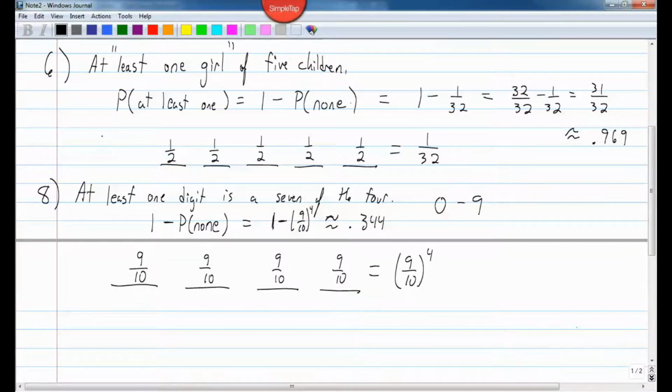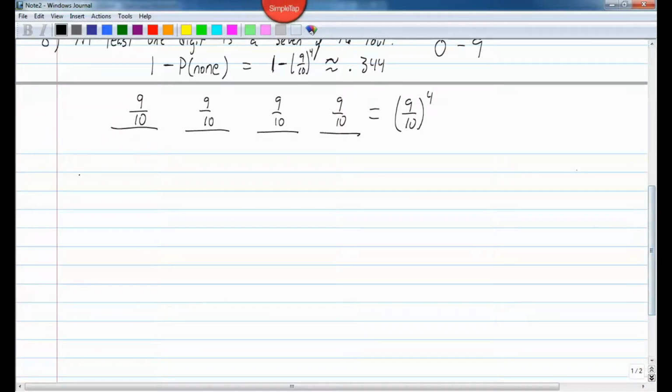Factorial is a way to express this operation. Say I had 4 factorial. The way that we represent factorial is an exclamation mark. So yes, we stole that from English, right?